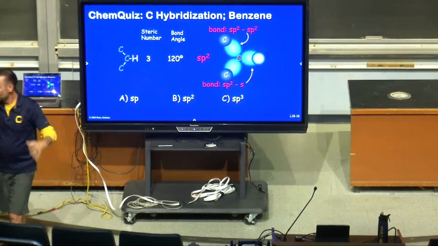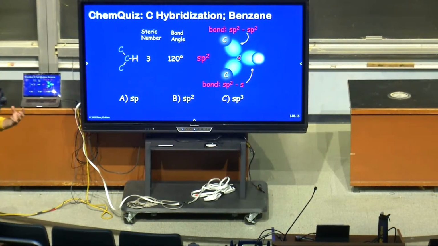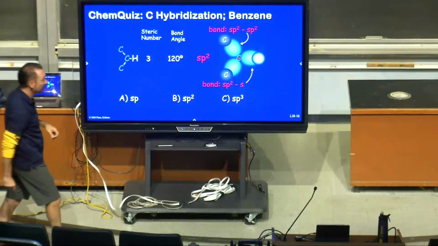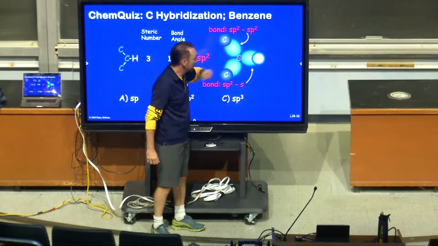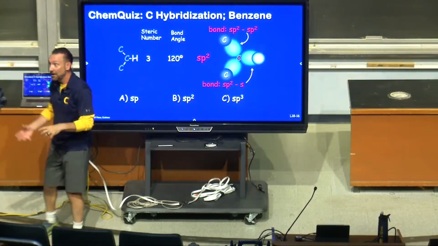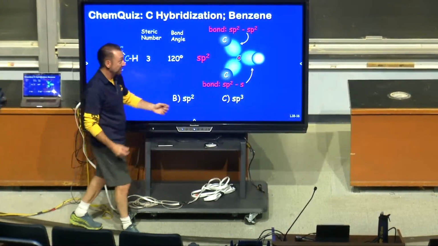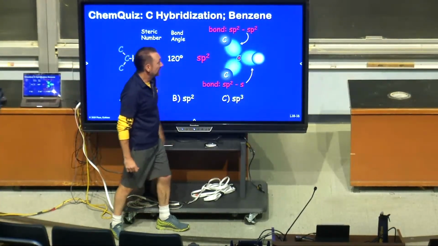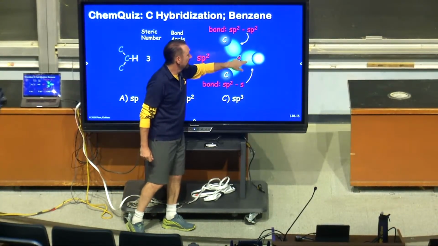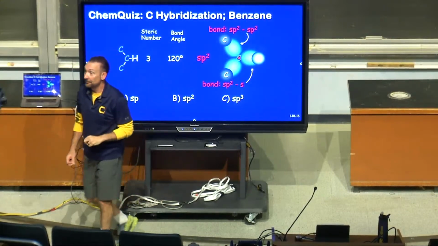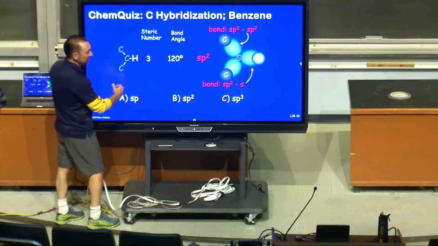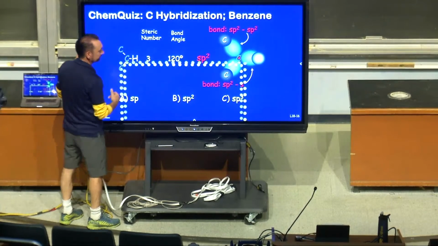Remember, when we say orbital, it's the description, it's the standing wave of the electron, and this standing wave electron has to interact with that standing wave electron, and the constructive interference of this wave function and this wave function is what's going to form the bond between the carbon and the hydrogen.